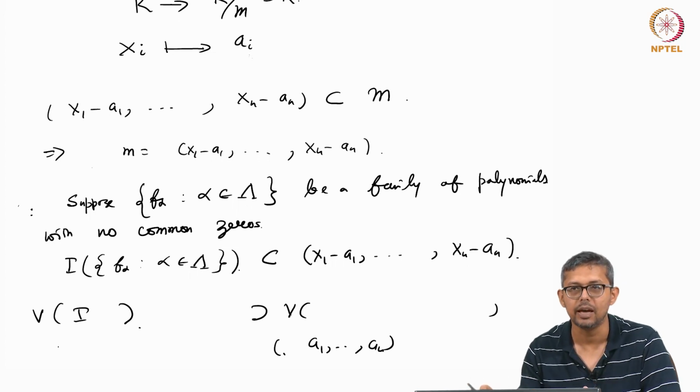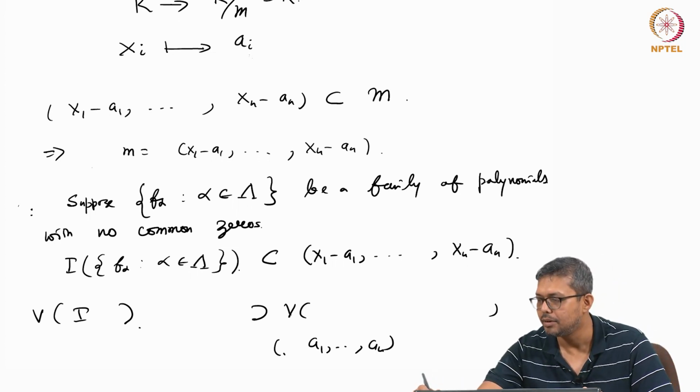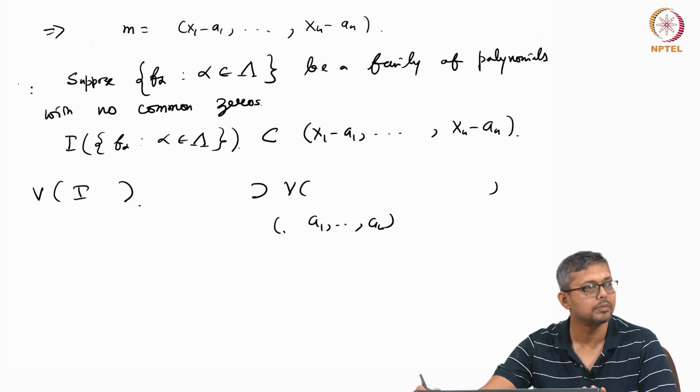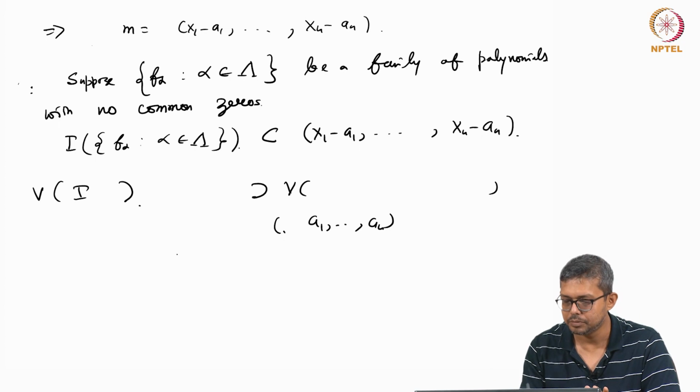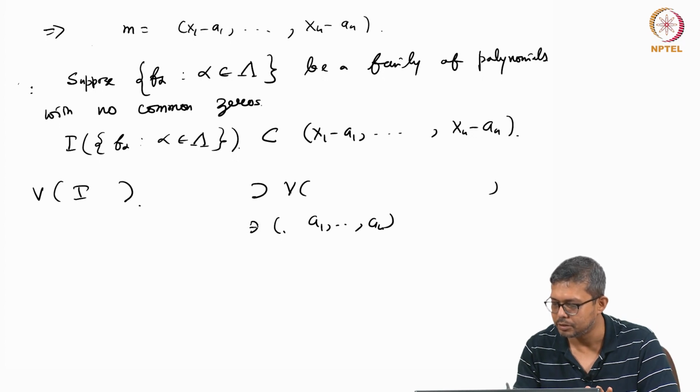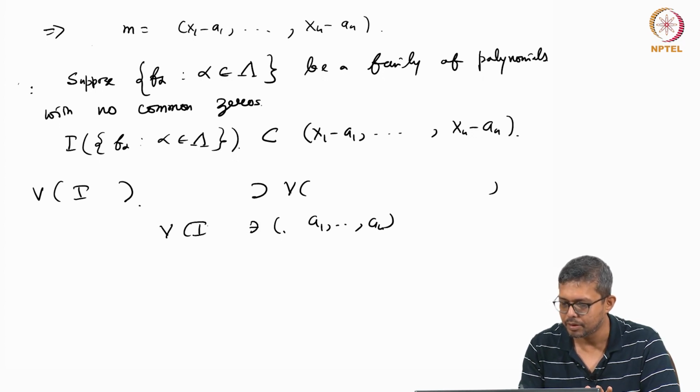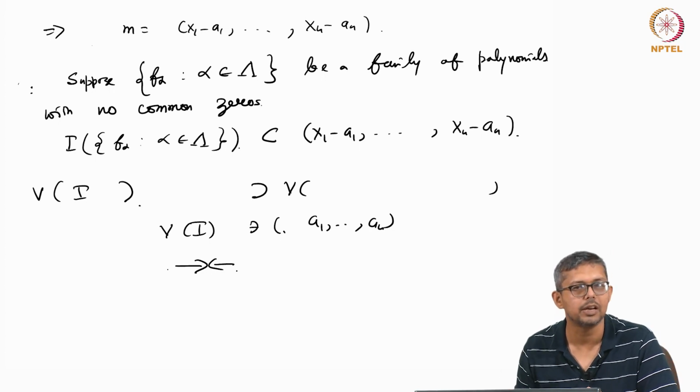Is it clear? Clear, right? Because I started with I which has no common zero set.